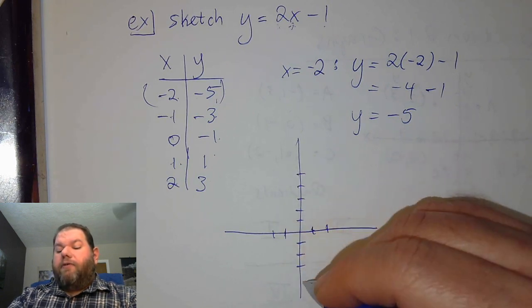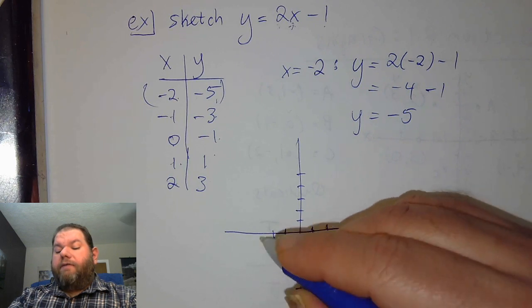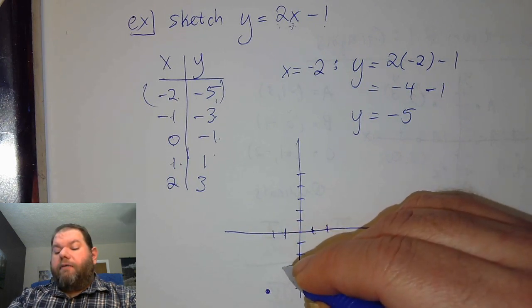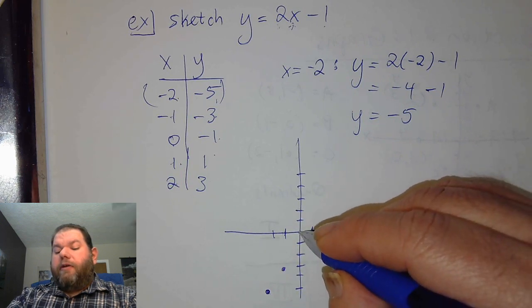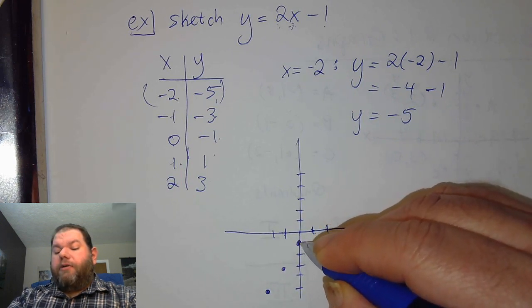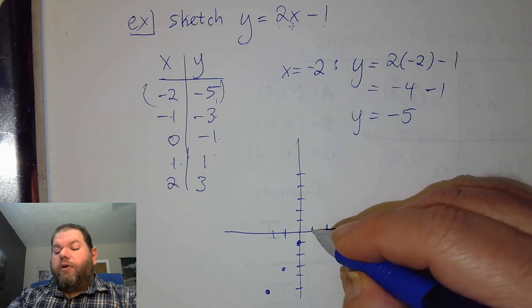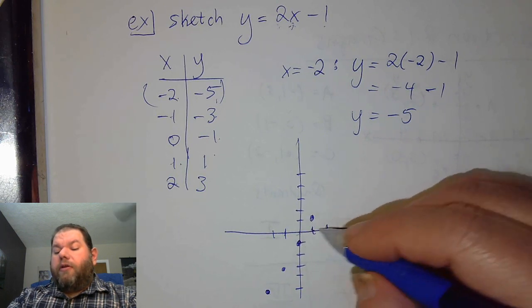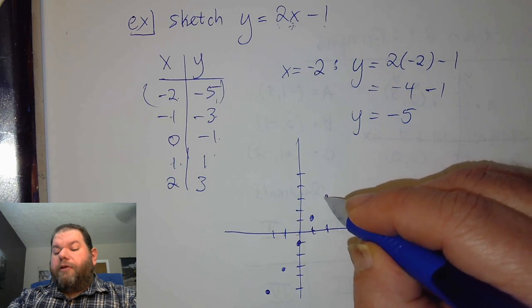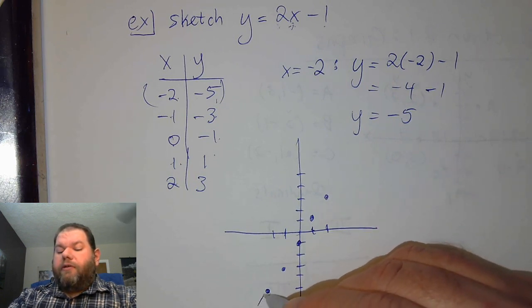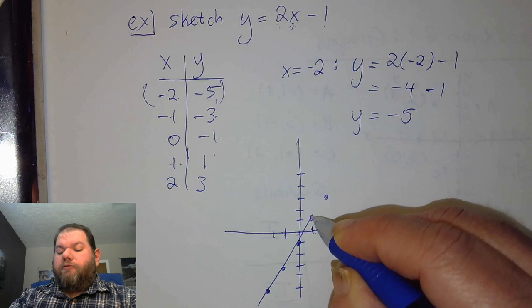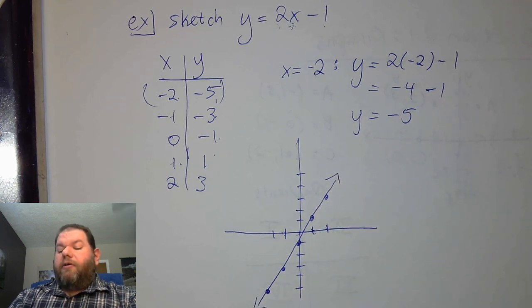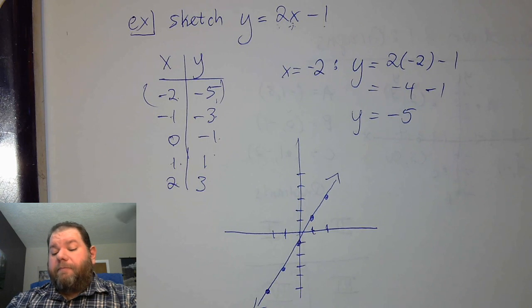So we have -2, -5, -1, -3, 0, -1, 1, 1, and then 2, 3. Not a great straight line I've drawn here, but hopefully that makes sense.